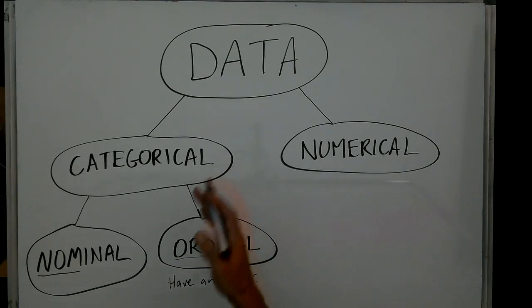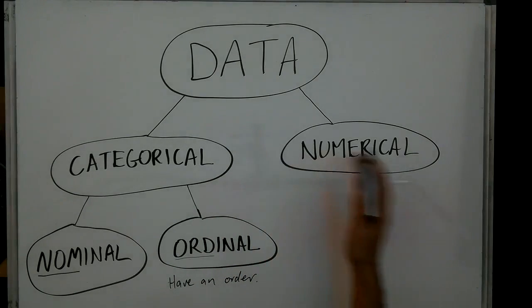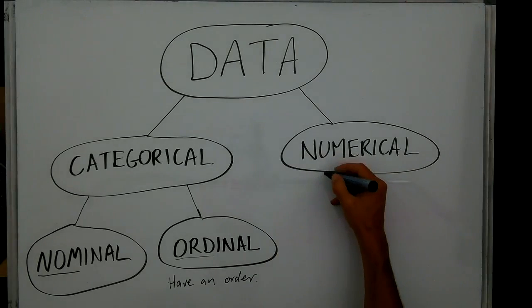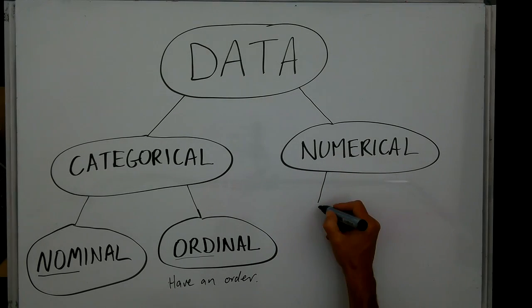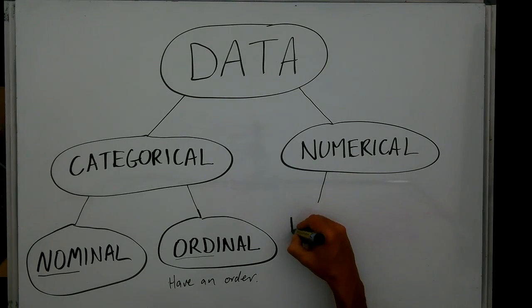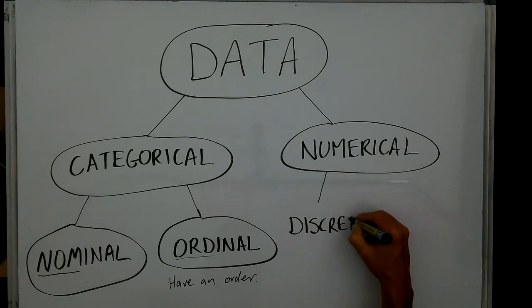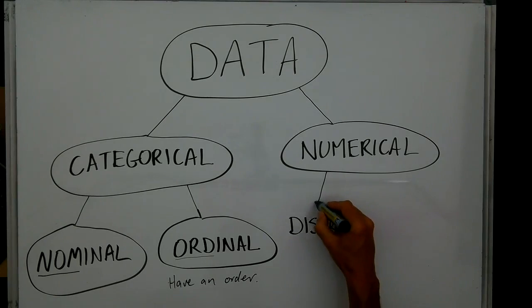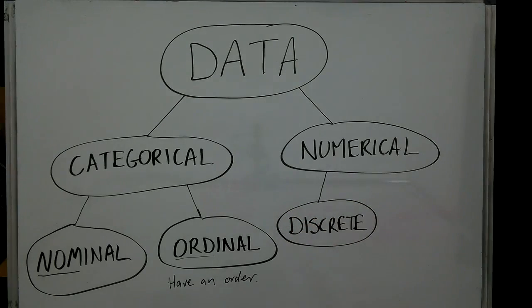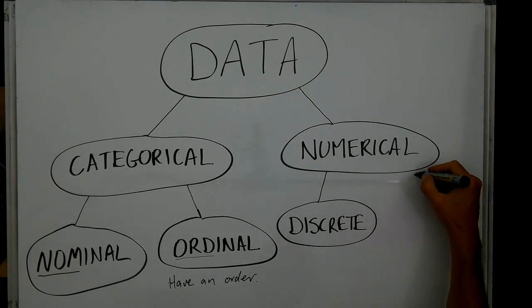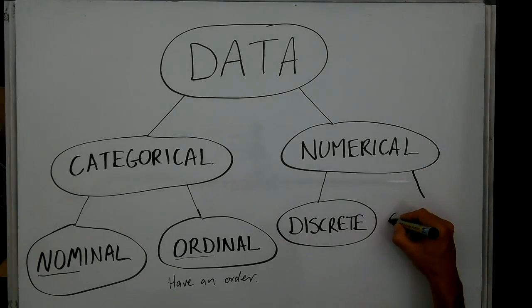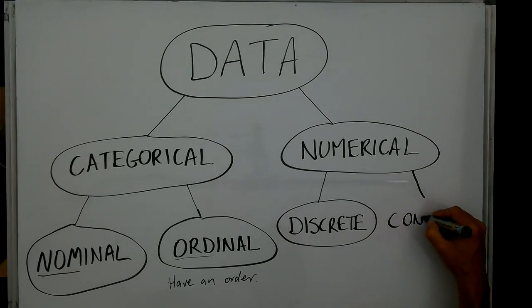Okay, so on the numerical side, we have two types again. The first type is discrete. I hope I've spelled that right. We've got discrete numerical data, and the other type is continuous.